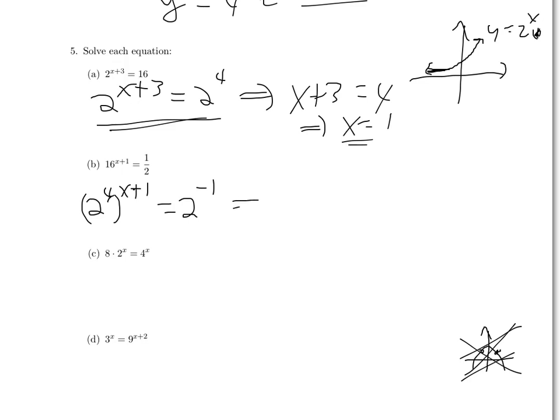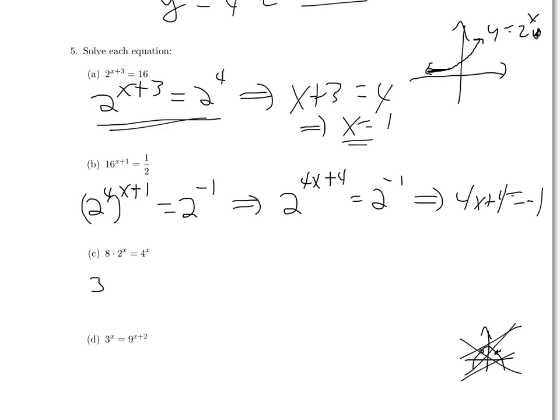So with one extra step on the left to make that a single power of 2, remember we have this rule that says that if we have a power to a power, we can multiply the powers together. And now we have power of 2 equals power of 2. And so now I can say that the exponents are equal. So when the exponential expressions are equal with the same base, then the exponents have to be equal.